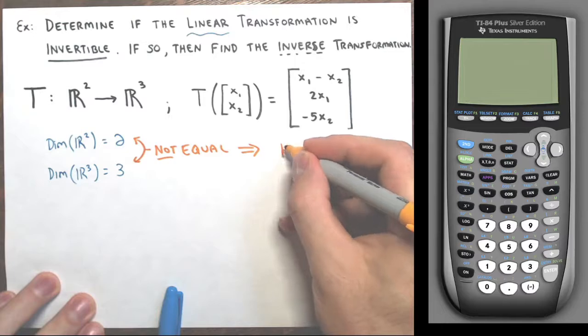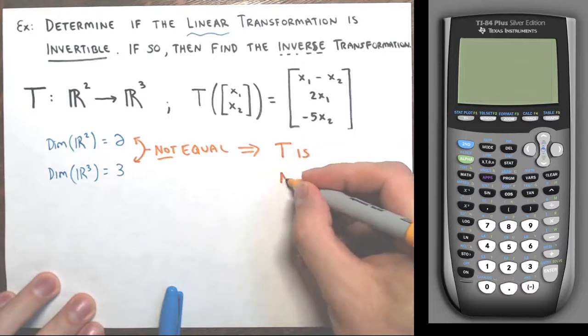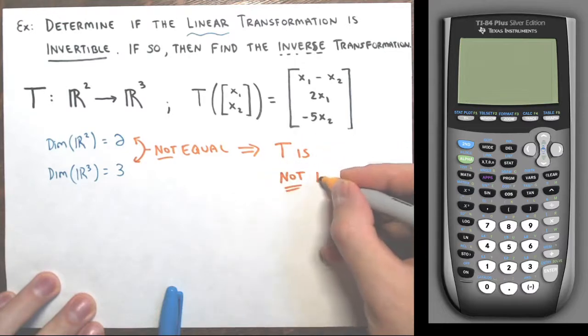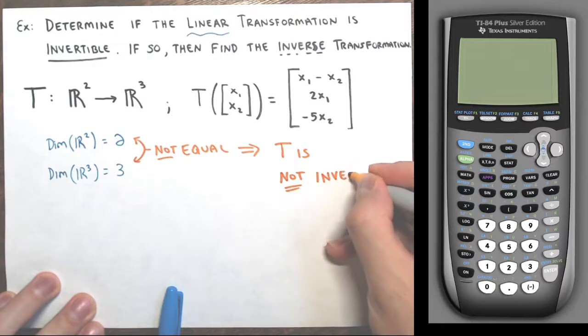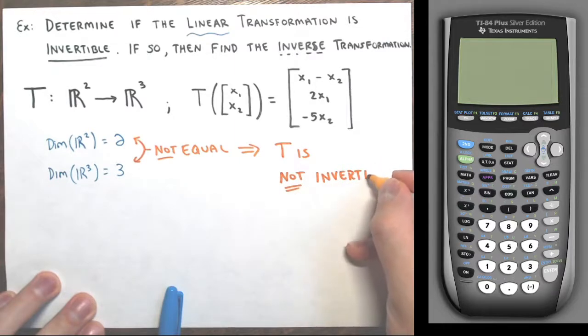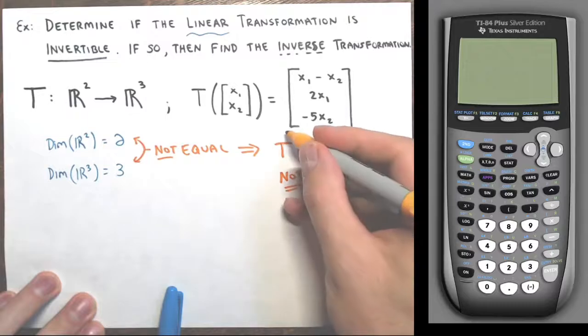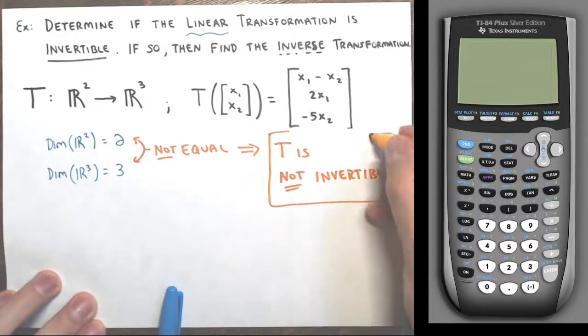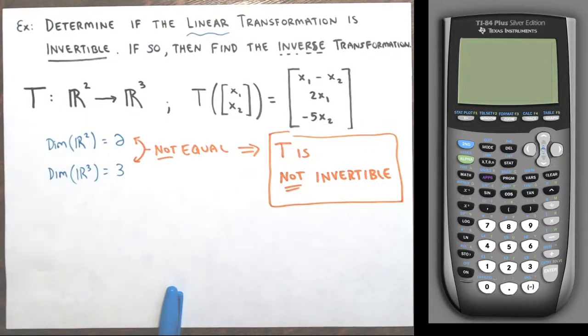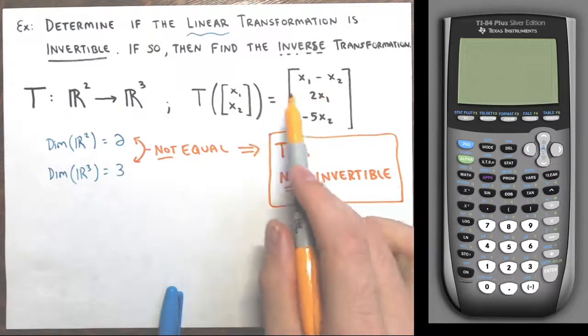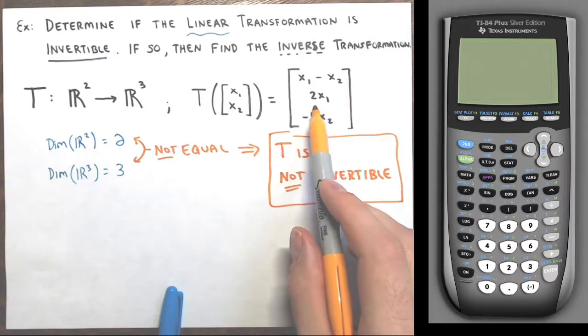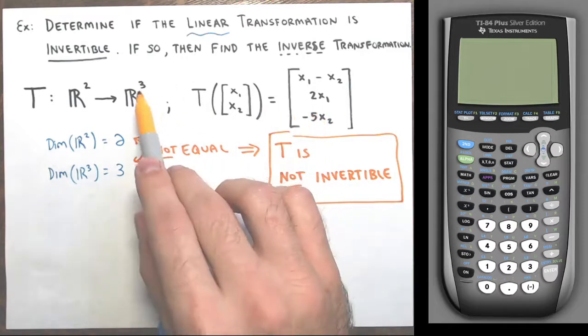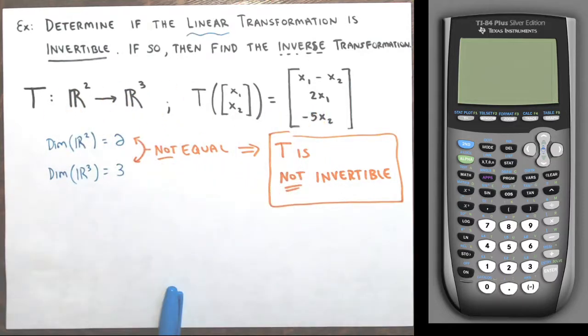T is not invertible, and I am done with this example, of course, not the whole video. That's all I need to say. Never mind writing the standard matrix. If you were to write it, you would see it would be a 3x2 matrix, not square. Can't have an inverse. So an easy one out the gate.